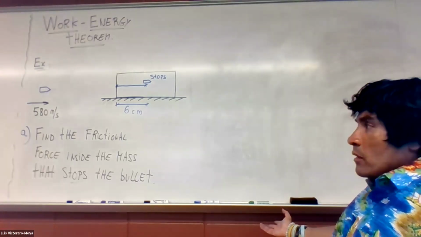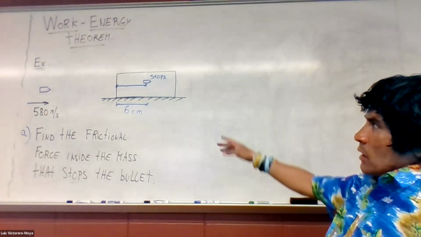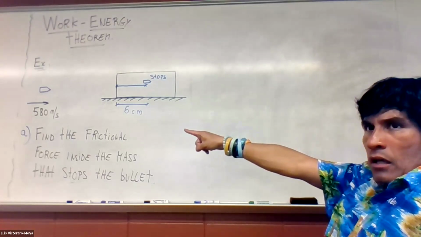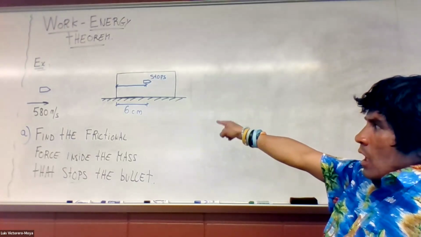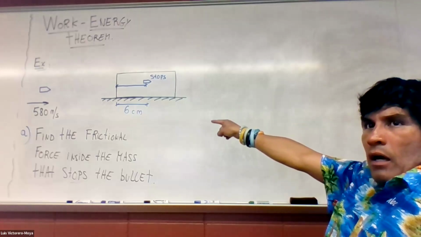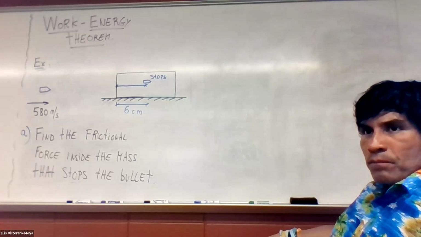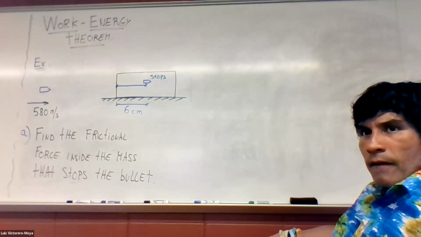It's the work energy theorem. So like the one that I did. What's the energy at the end? What's the energy at the beginning? And why is it stopping? Why is the bullet stopping inside the mass? Anybody?